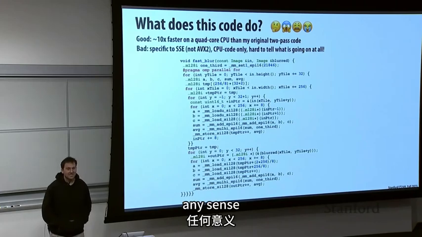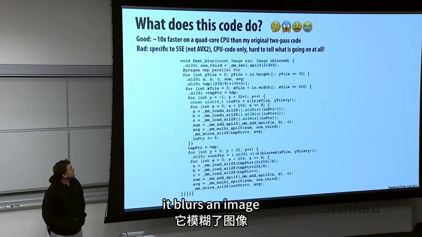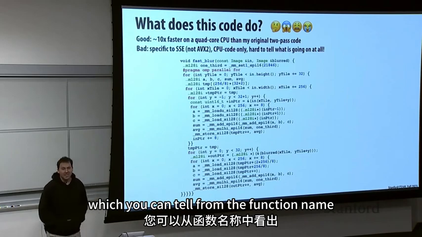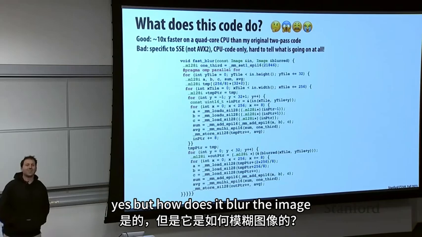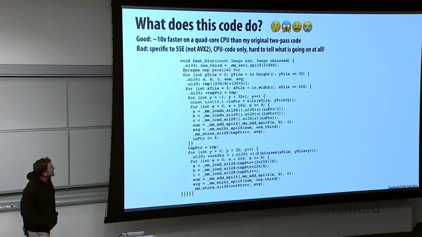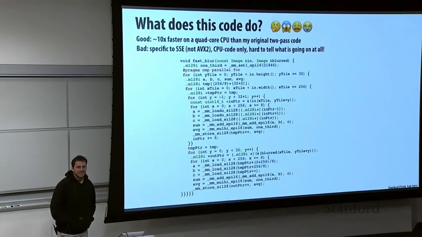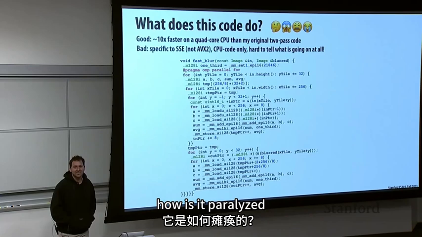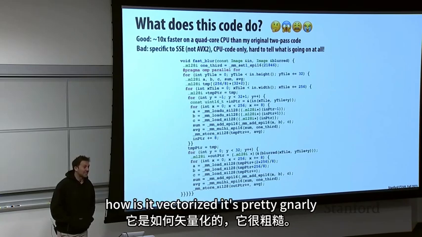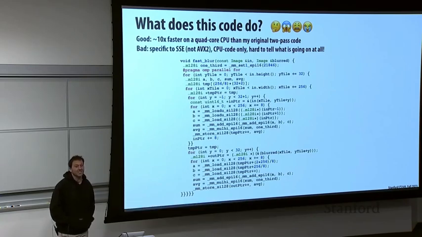Any sense? It blurs an image, which you can tell from the function name, yes. But how does it blur the image? What's the filter size? How is it parallelized? How is it vectorized? It's pretty gnarly.